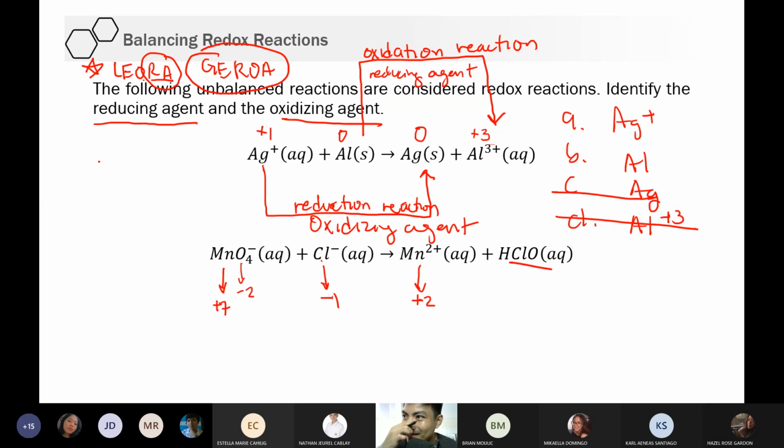Alam niyo ba, pag ginawa tong redox reaction, nakikita mo magbabago kulay ng substances mo. Magic. Kaya nga di ba sa experiment number 4 nyo sa lab. Ano yung isang question doon? Mix nyo yung bleach with betadine. Nagawa nyo na ba?